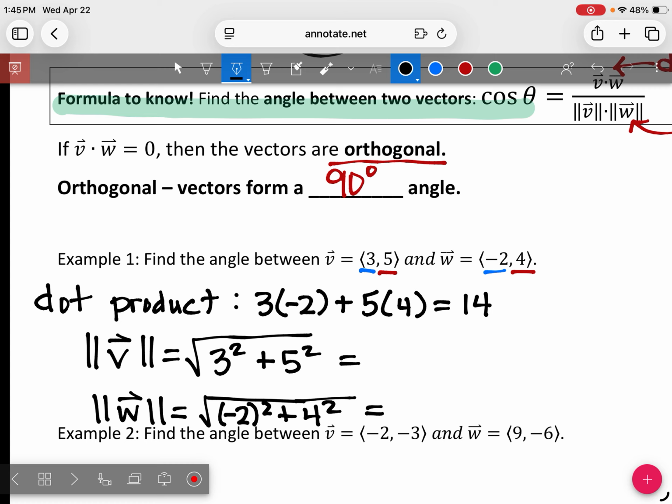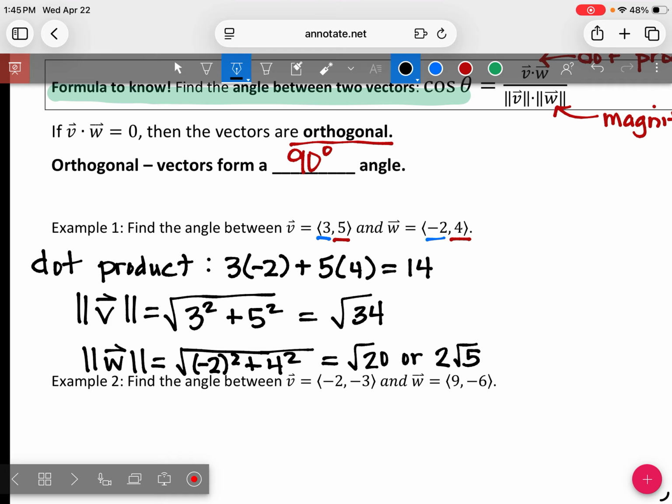So 9 plus 25 is 34. 4 plus 16 is 20. If you put it in your calculator, it simplified it. Either way is right. It's fine.